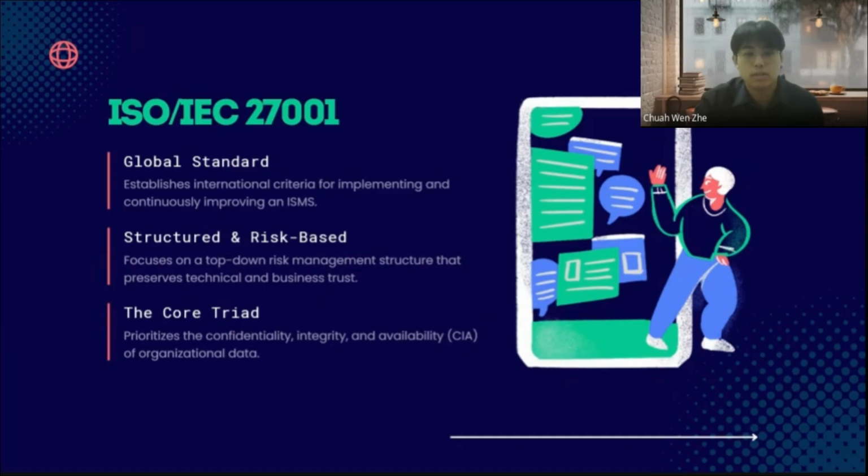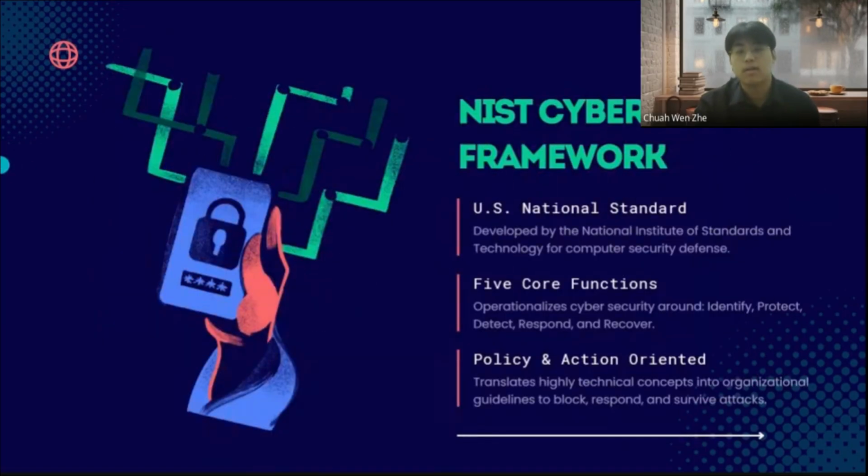The structure is focused on top-down risk management that provides technical and business trust. The third one is the core threat, which prioritizes the confidentiality, integrity, and availability, which is CIA, of the organizational data.